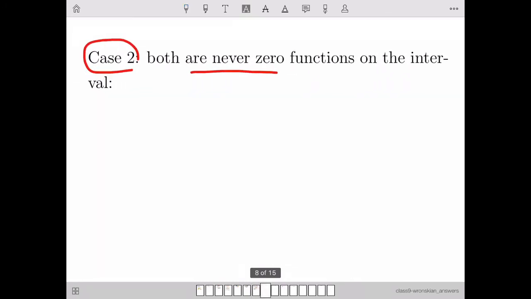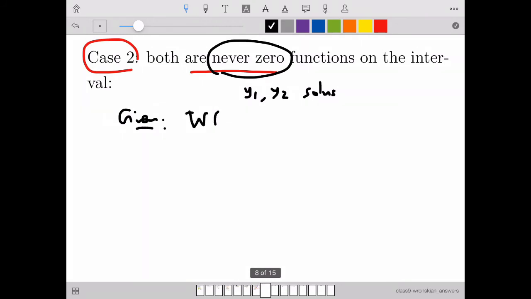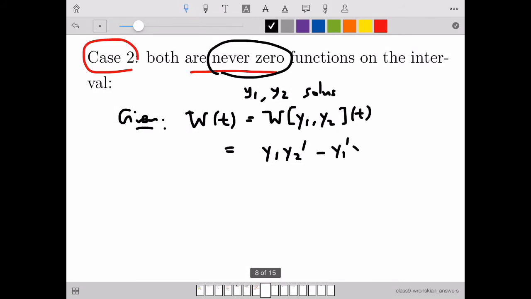Case 2, both are never zero functions on the interval. So y1, y2 are solutions, but they are never zero. And we are given that the Wronskian W(t) is zero, right? So that's y1 y2 prime minus y1 prime y2.